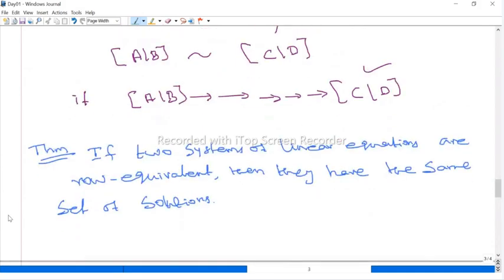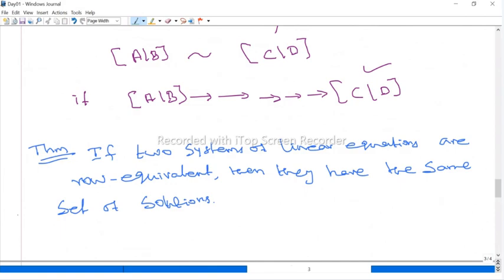The theorem guarantees that if you do some elementary operations and get a row equivalent system, the solution sets are the same. Therefore, you don't bother about the solutions. You solve that new system, you find the solution, and it is enough. That solution is the same as the solution of the original system. Okay.